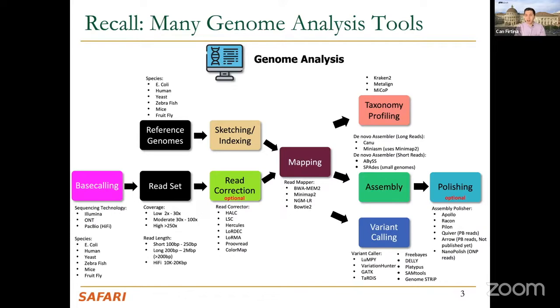Since we have many different pipelines and many different steps, there is also a huge number of tools developed to perform each step. And this is a summary of these tools, perhaps even outdated for today.